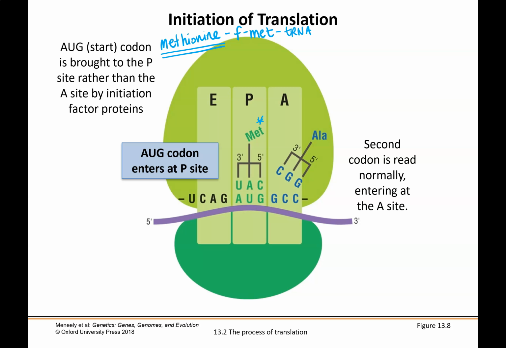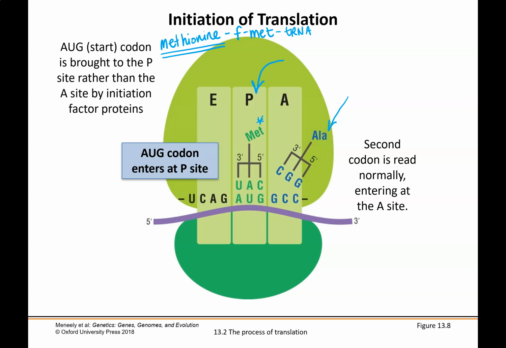The only difference between the addition of the methionine and the addition of the other amino acids is that the AUG methionine, the start codon methionine, is actually brought to the P site. And this is because when the next amino acid comes in to the A site, that methionine has to be transferred over.